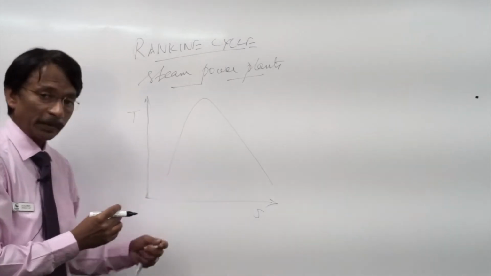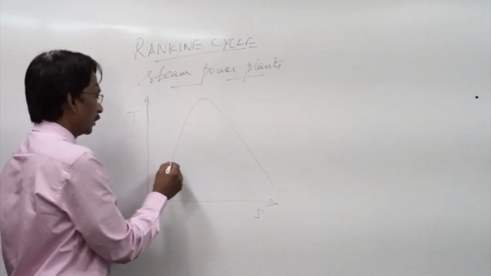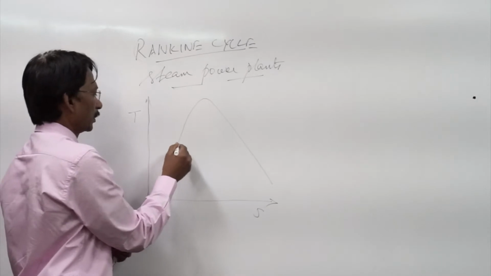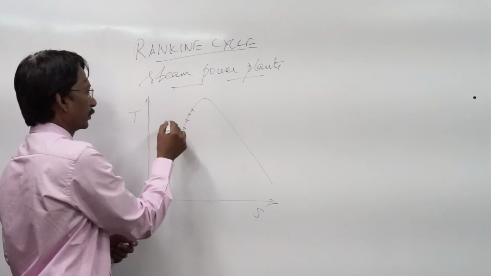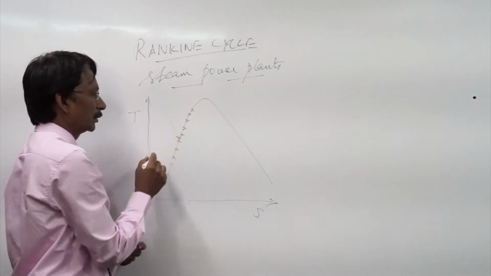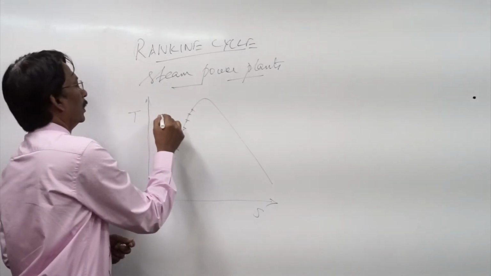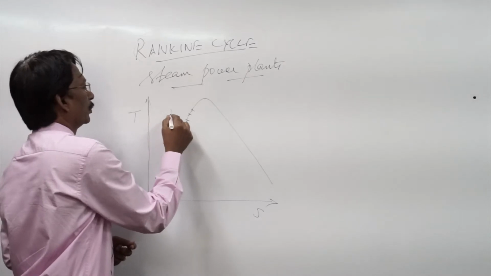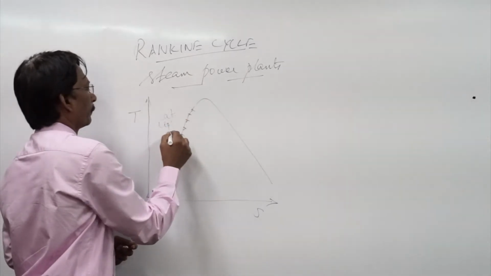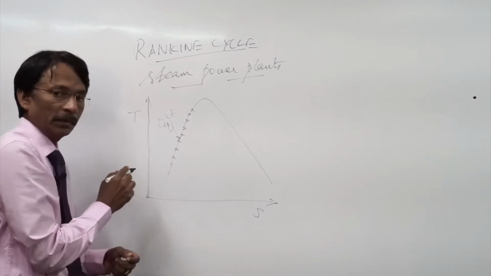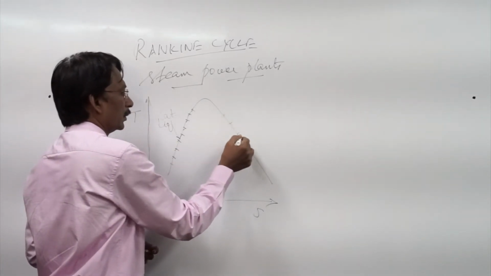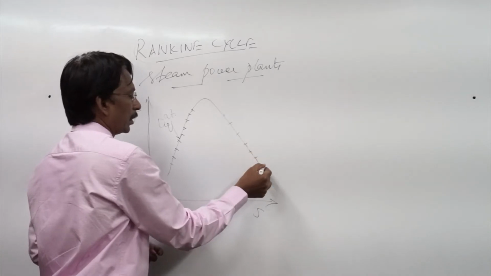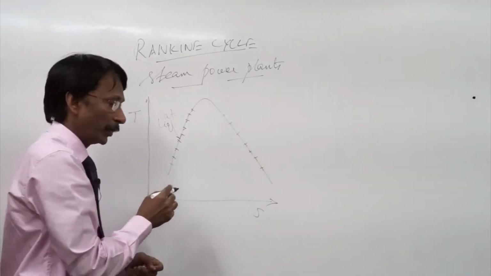Now, how do you get the vapor dome? It is nothing but the locus of points which are saturated liquid points. Saturated liquid points. And this is the locus of saturated vapor points.